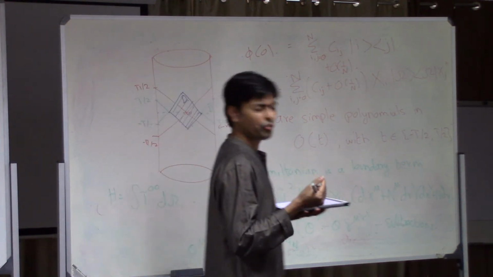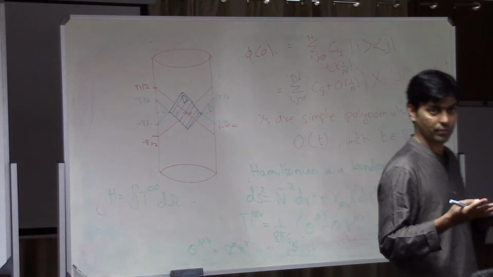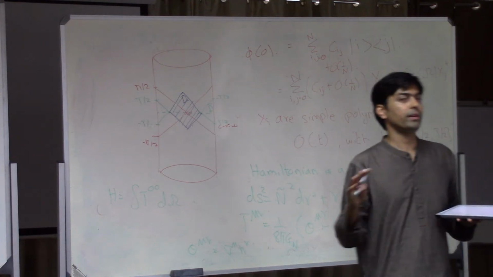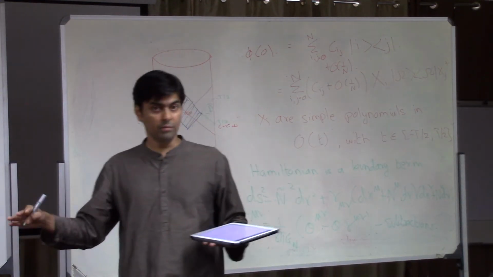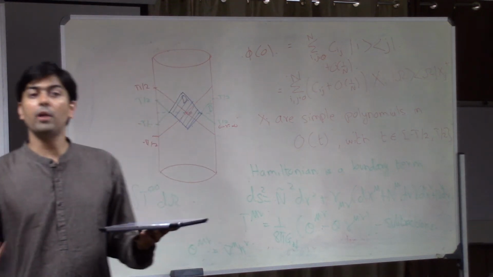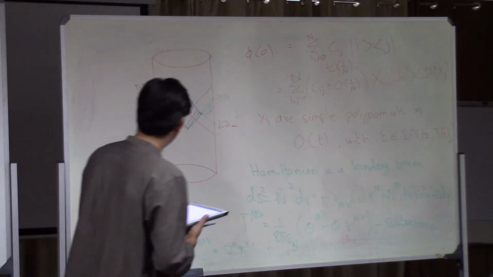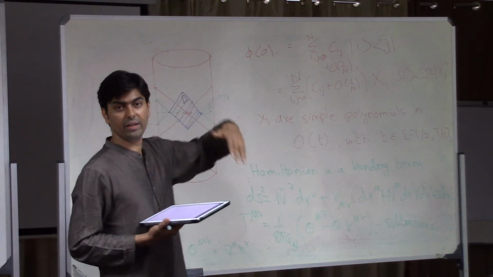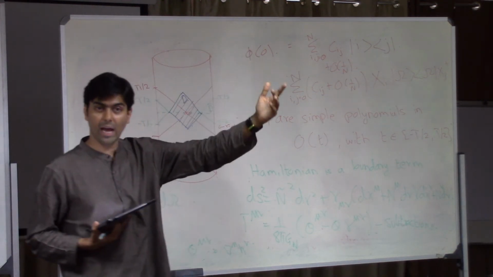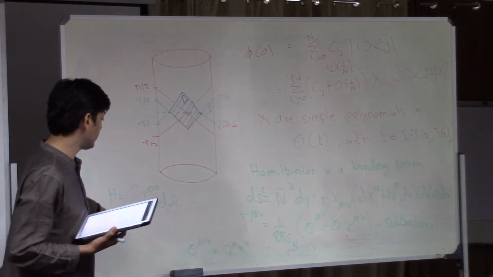This is something that's true only in a theory of gravity. It's not true otherwise that the Hamiltonian is a boundary term. In general, the Hamiltonian is a bulk term, but in gravity, it's a boundary term. And in fact, it's this Hamiltonian that's dual to the CFT Hamiltonian. So when we say there's a Hamiltonian for the theory, which is the CFT Hamiltonian, in the bulk, that Hamiltonian is this guy.